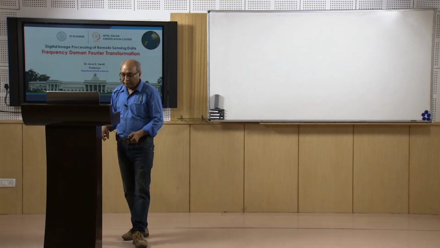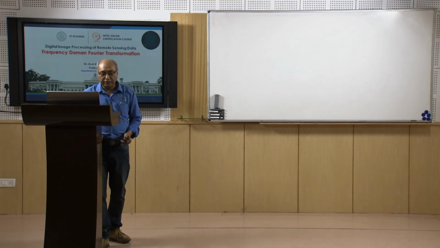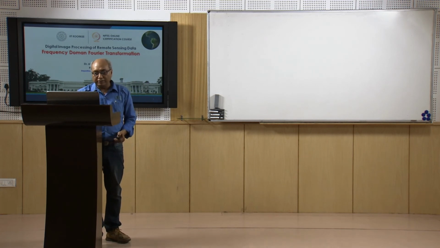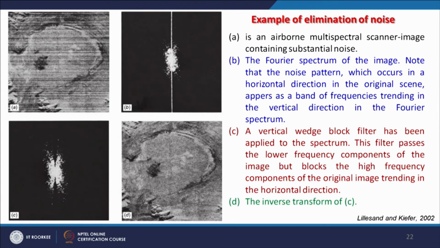Again you go back with the inverse transform to the spatial domain, which restores a cleaned up image. In the frequency domain, the noise is isolated as distinct signals and almost wholly removed by specifically designed filters that operate in the frequency domain.